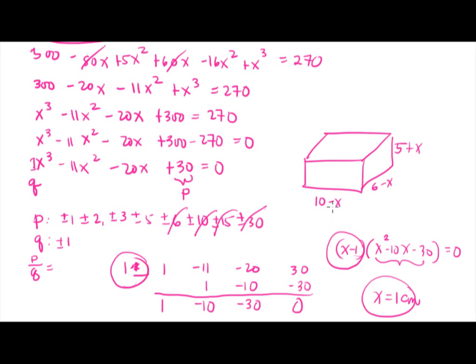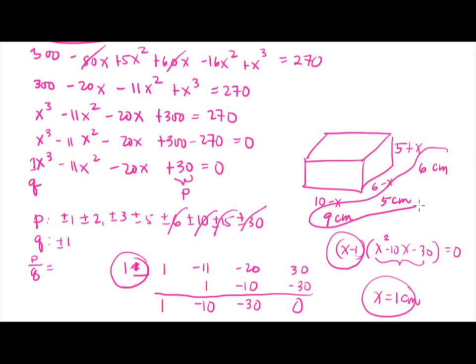So the dimensions that we need: if x is equal to 1 centimeter, the dimensions of the second box should be 10 minus 1, 9, 6 minus 1, 5, 5 plus 1, 6. So it's 9 centimeters by 5 centimeters by 6 centimeters.